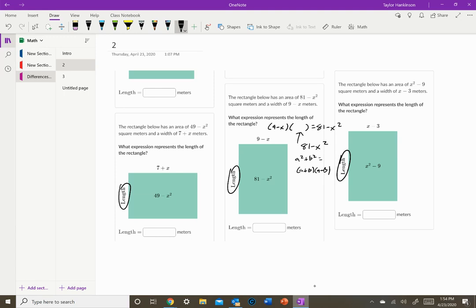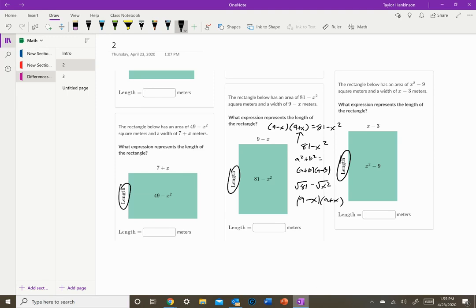So instead of 9 minus x, this one's going to be 9 plus x. I could prove that by factoring it. If I do the square root of 81 minus the square root of x squared, this gives me 9 minus x, and since these are perfect squares, my other term has to be 9 plus x.